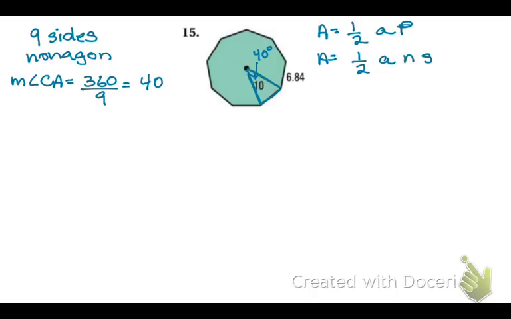Okay, so how do we do this? We need to find either the perimeter, and we definitely need to find the apothem. Conveniently, we're given one of these sides, and so we know the side S is equal to 6.84. We know N, the number of sides, equals 9.